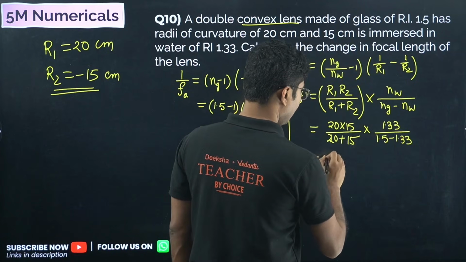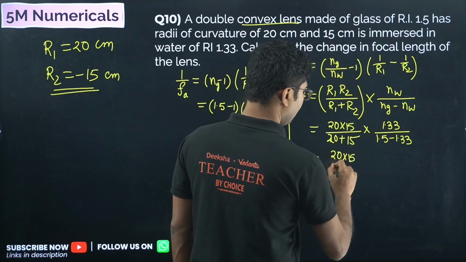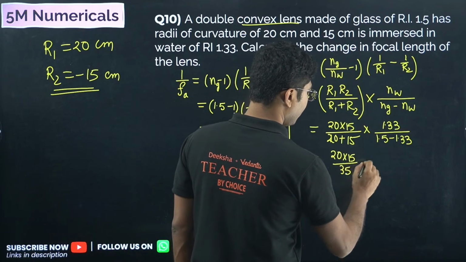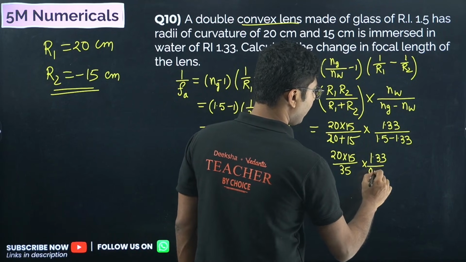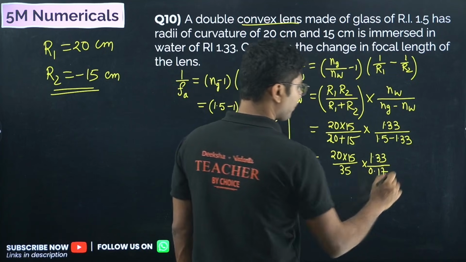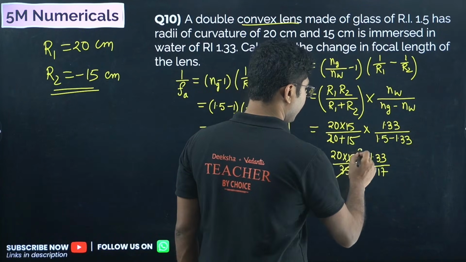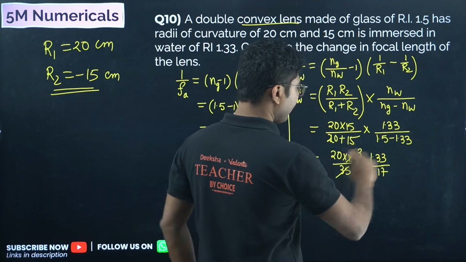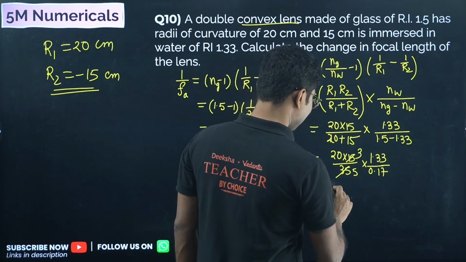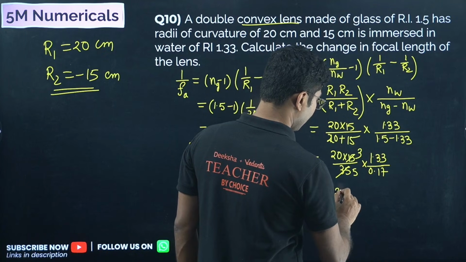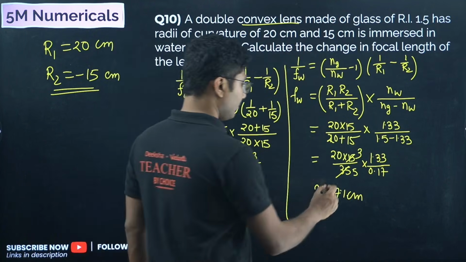So this will be 20 into 15 divided by 35, into 1.33 divided by 0.17. Okay, and we get this as 3.5, and if you calculate it, you should get about 67.1 centimeter. You can calculate and you can get the focal lengths.